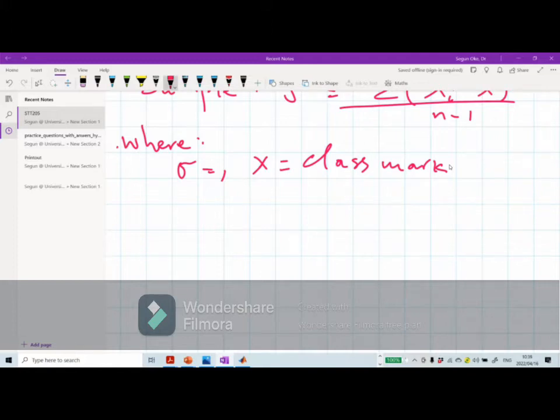So let's look at the example. Then n is the number of data you are given. Then our x bar is the mean. It can be sample mean, it can be population mean. This one, x bar is sample mean.